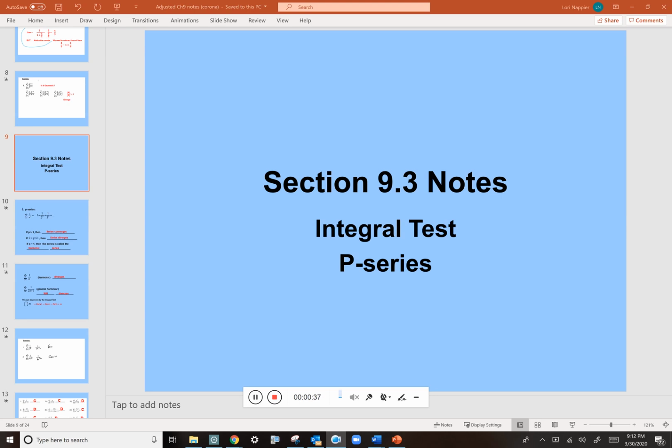Before that, we did the nth term test and telescoping, neither of which are going to show up on the exam, according to what they say. And then we went to the integral test, which also is not going to show up on the exam. But P-series will show up, and I know that we've talked about P-series a little bit, so that's going to be my one step back today, just a real quick refresher on that.